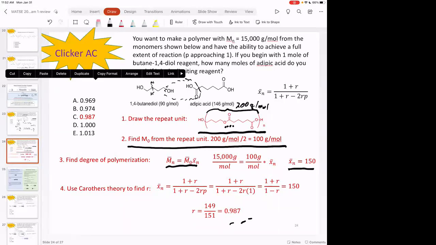But you're much better off memorizing how you get M0 for different types of polymers, copolymers, two monomer step growth polymers, things like that. So there's a real reason. We're not just dividing by two just because Carruthers told us. It's to get accurate P. So if you don't divide by two, your P is going to be wrong. Yeah, it's a tricky thing.